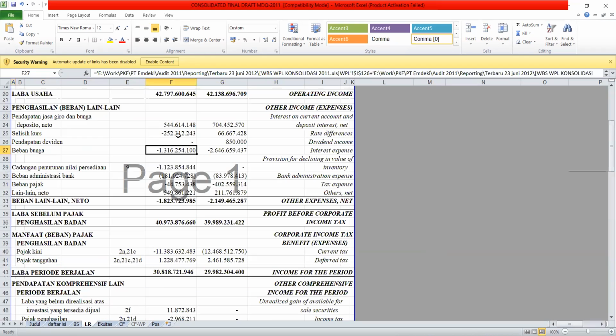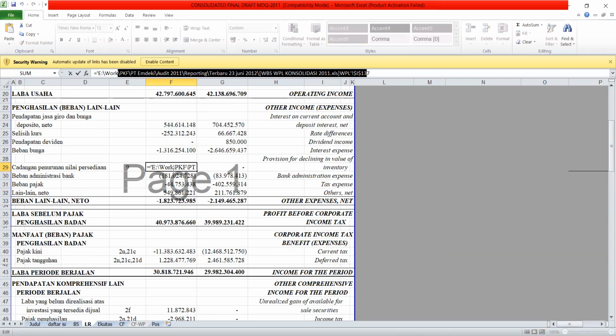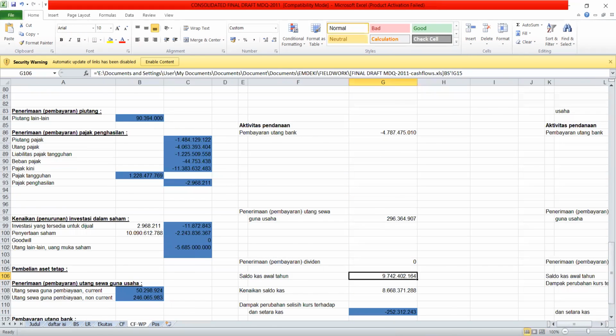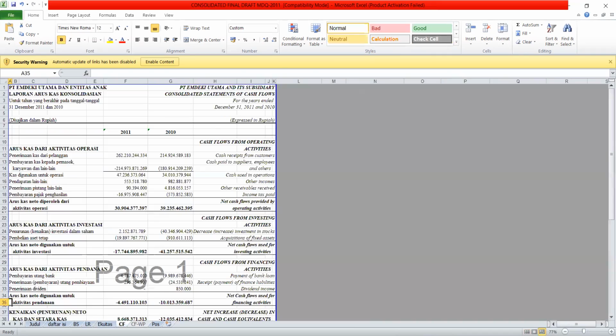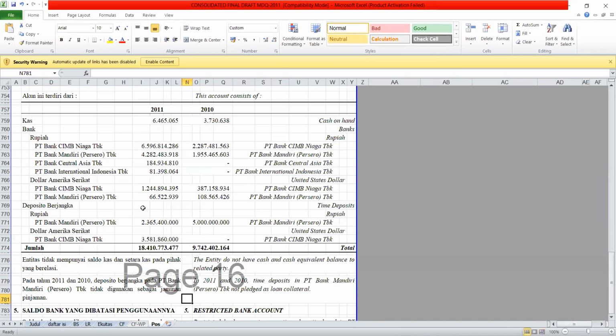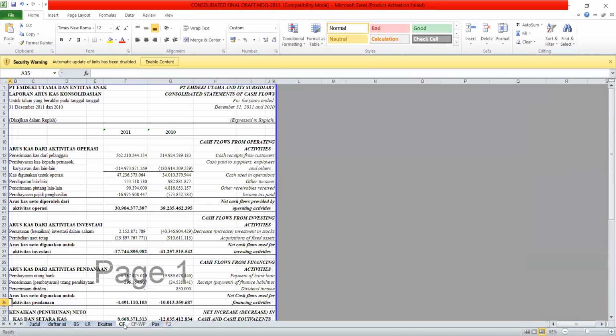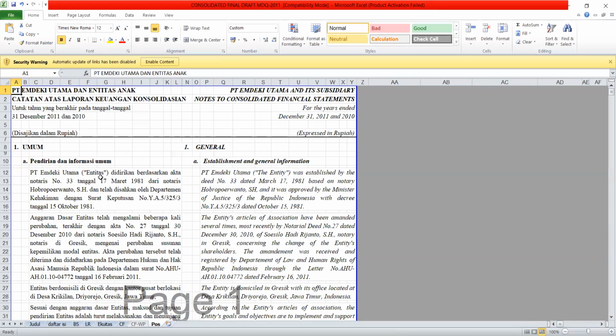And all of the numbers in here have a link. These links connect to the notes. This is the change in equity, this is the cash flow, and this is the notes.